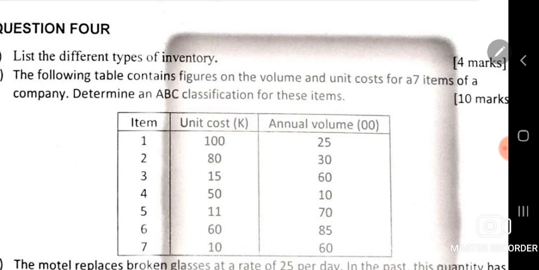Some questions will say annual demand. Just take note of those two terminologies. So you have a column that will show the multiplication of the unit costs and the annual volume. They call it annual usage. That's what we're going to find by multiplying the unit cost and the volume. So let me show you what I was talking about in the next screen.